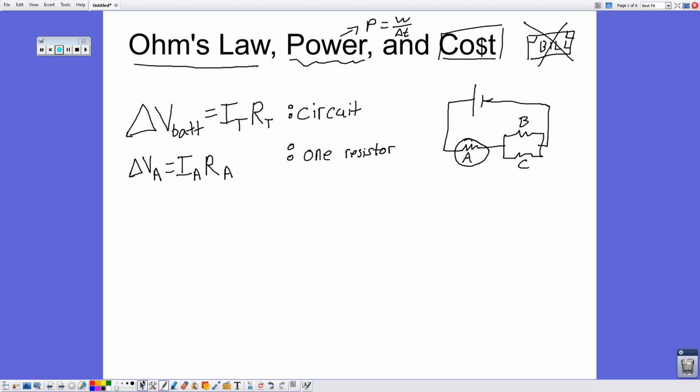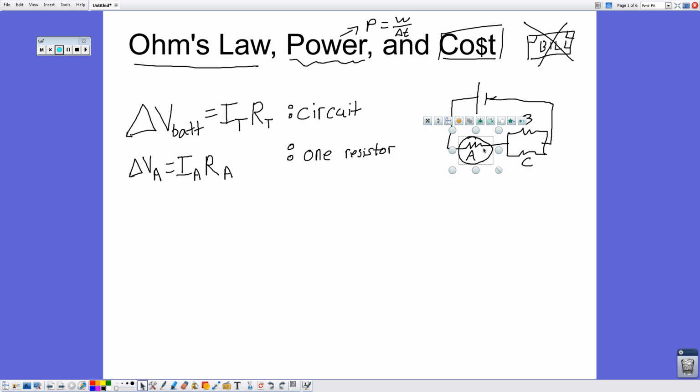But it gets better. So say we don't care about bulb A. Say instead I care about bulbs B and C together. Well, Ohm's law can also do that.